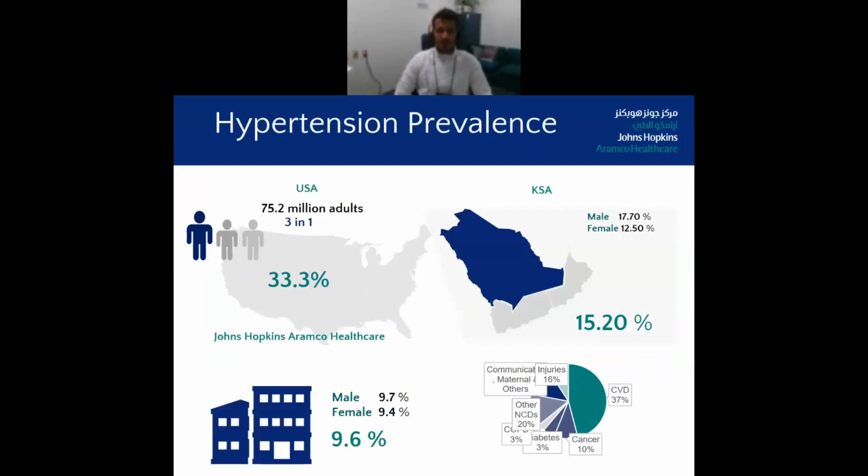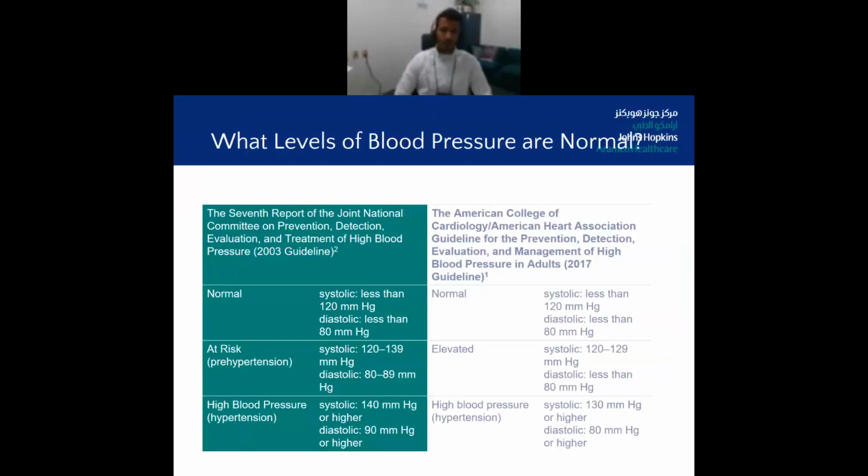So what levels of blood pressure are normal? We should know the classification of the numbers, so we know if our reading of blood pressure is normal or elevated, or whether we have high blood pressure, what's called hypertension.